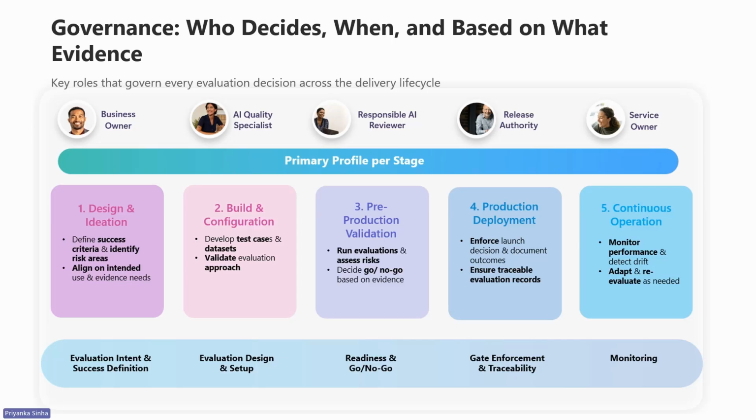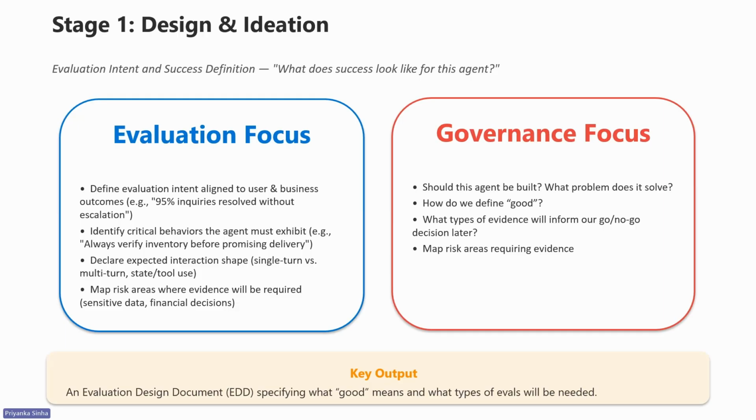So, ongoing oversight is essential. Here, the key takeaway is that clear role assignment is required, and this prevents accountability gaps. Every evaluation gate must have a named decision maker who reviews the evidence and accepts or rejects the risk before agent advances.